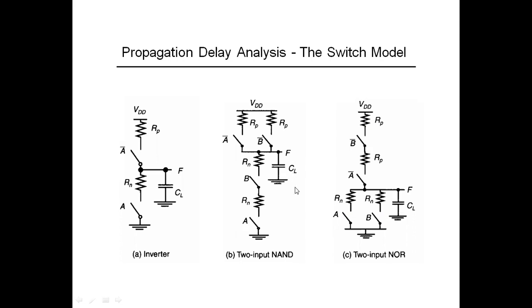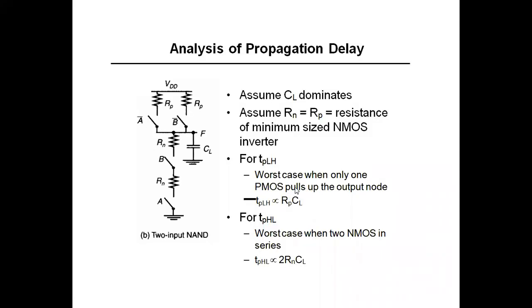So if you analyze this propagation delay model very carefully, what do you find? If you assume CL is dominating, whatever load capacitance you have connected, then Rn is equal to Rp; the resistances of the NMOS and PMOS are identical.